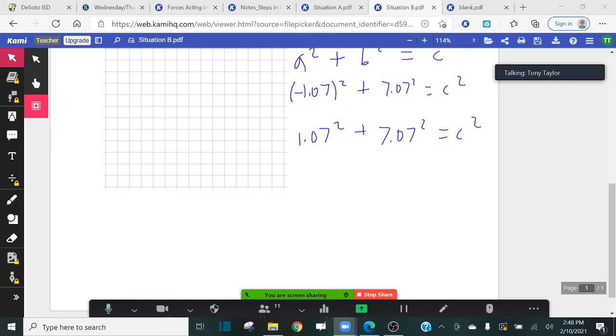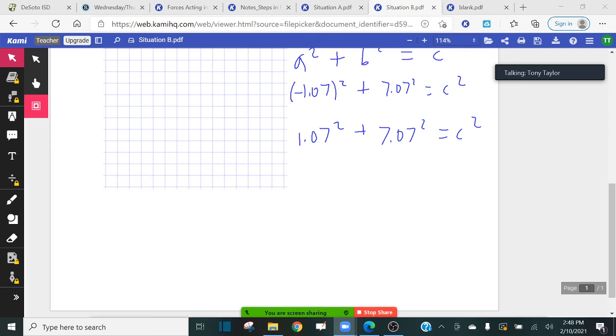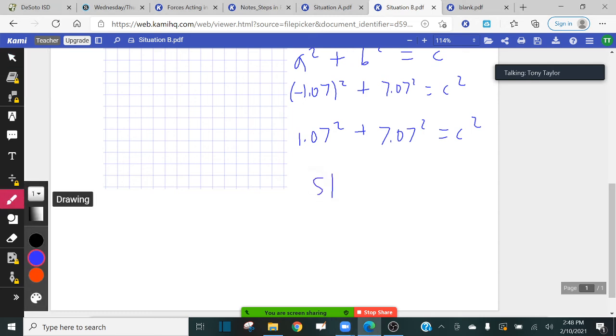Stephanie, 51.1298, that's C squared. That is not C. Right, so Stephanie, you said 51 point... I meant to say 7.1. I'm sorry?